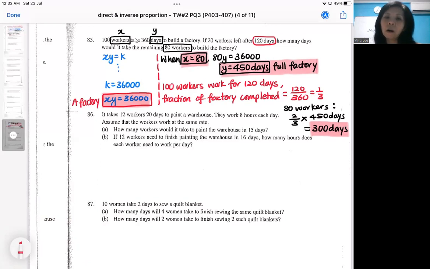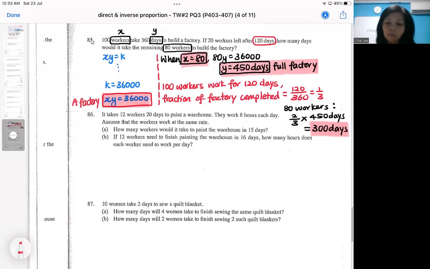How much? It takes 360 days for a full factory, so in 120 days they will have completed 1/3. The remaining 80 workers only have 2/3 of the factory to complete. That's why they will not need the 450 days. They will just need 2/3 of the 450 days, which is 300 days.